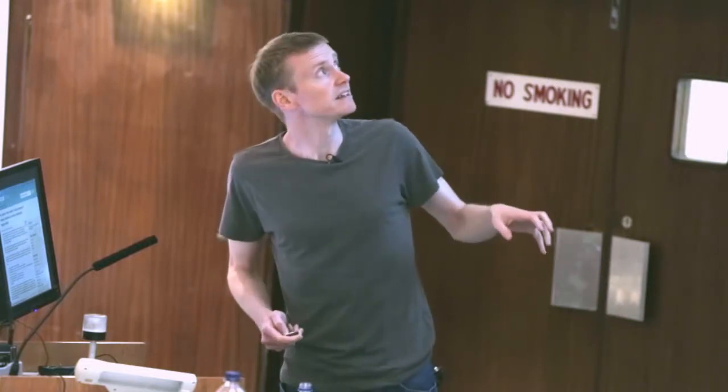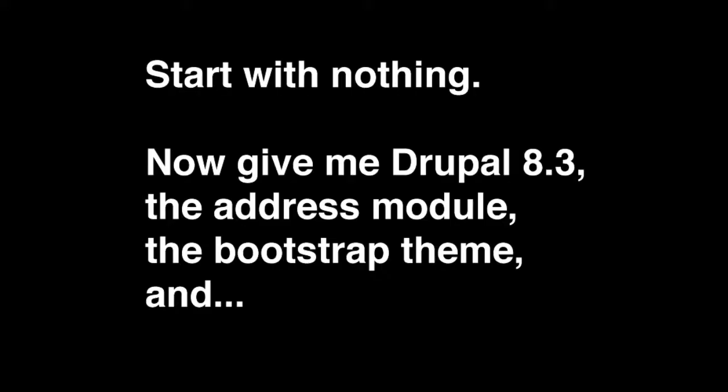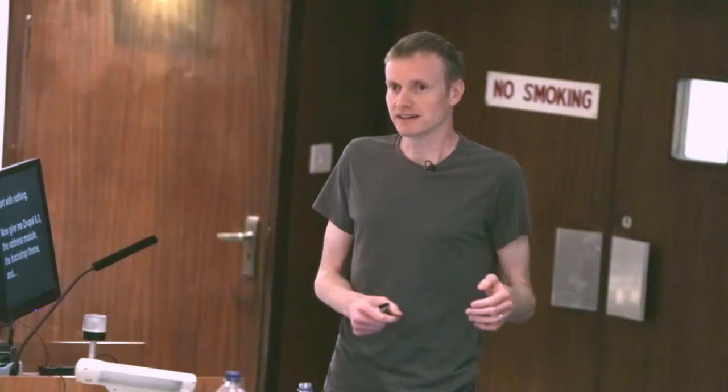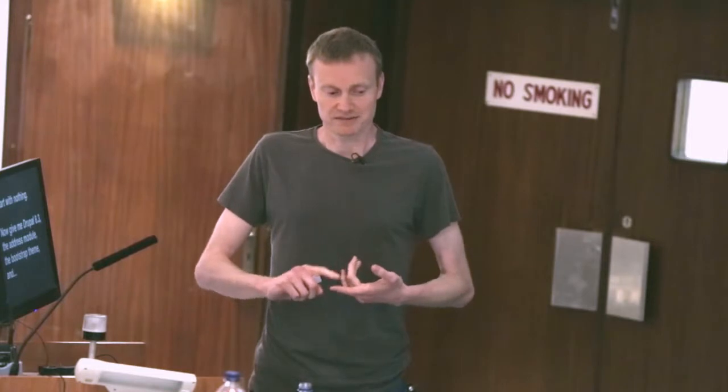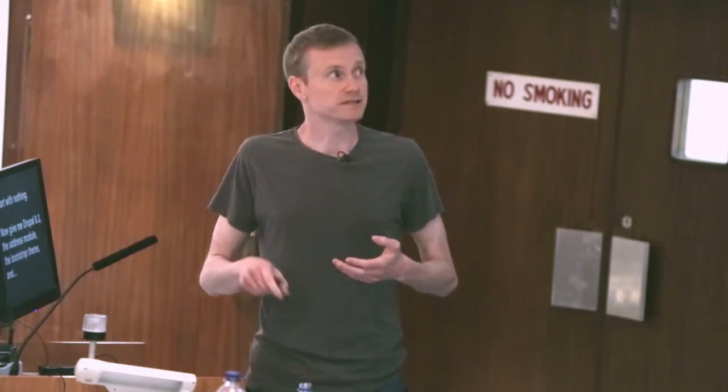So the second approach that we looked at, the drupal-project template, goes down a different road. I don't want to download anything to begin with. I just want to start with an empty composer file, and then say, right, now I want Drupal 8.3, and I want these contrib modules and these themes.